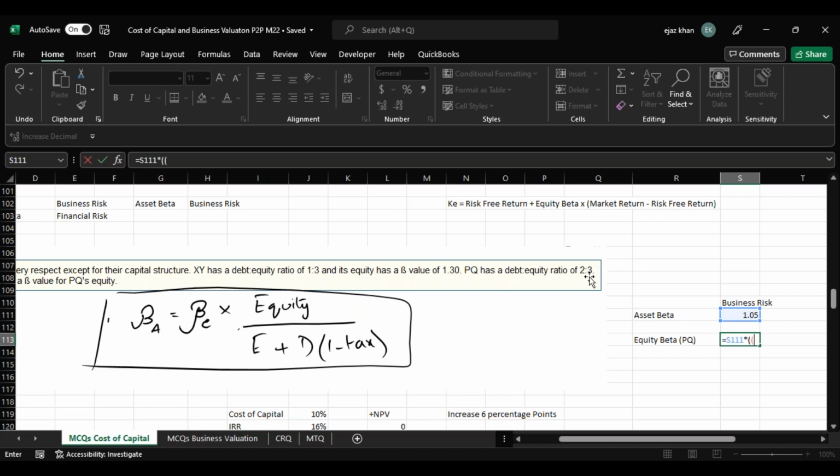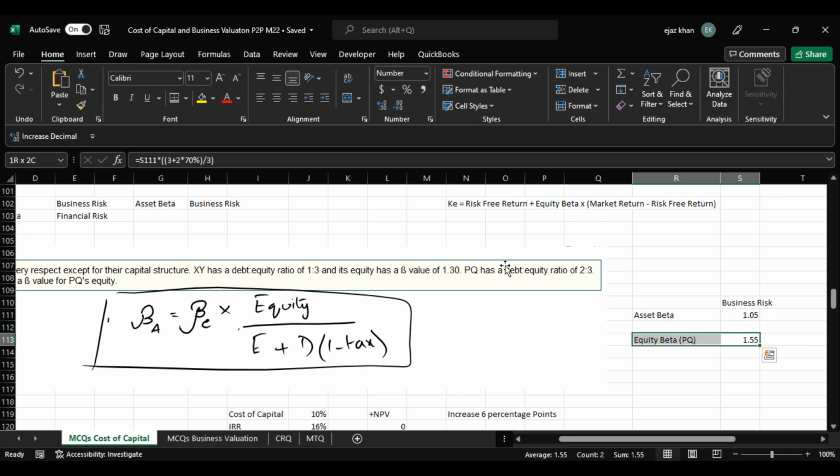It's 3, plus debt is 2 into 70%, divided by equity, which is 3, giving 1.5455 times. That's the equity beta of PQ company.